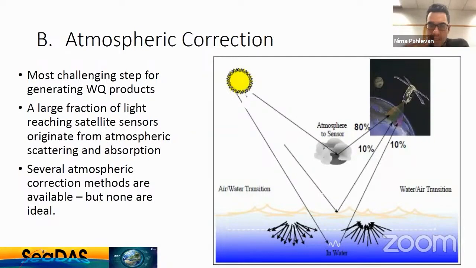So in this cartoon, my attempt is to show that close to 90% of the signal that the satellite measures over bodies of water comes from that atmospheric scattering and absorption, and you're basically left with a small fraction of the satellite observation to retrieve water quality parameters. Hence, there are potentially significant uncertainties in satellite-derived products. So something to keep in mind is that the largest uncertainties in current satellite products come from this atmospheric correction procedure. Next.